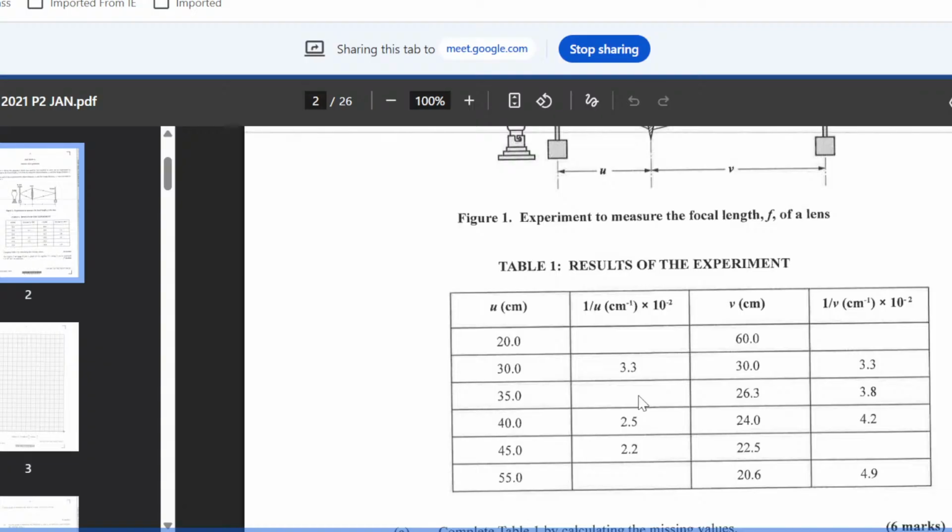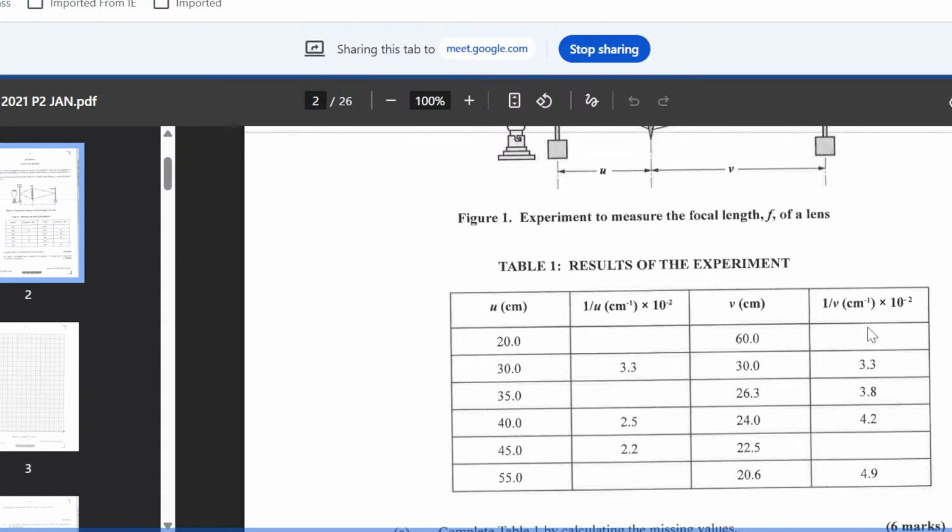So that first value here is going to be 5.0. According to the report, persons lost marks for this when they plotted. So that'll be 5.0 and then 1 over 60. What would be 1 over 60 then?